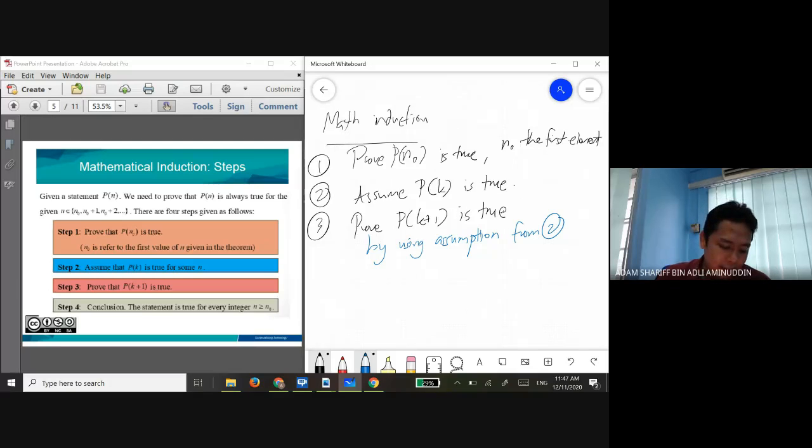Step 2 is as important as step 1. My students always manage to answer the first step. For step 2, they just copy it back, which is not useful. Actually, step 2 is very fundamental to solving step 3. So I would like to highlight this: please prove the third step, k plus 1 is true, by using the assumption from step 2.